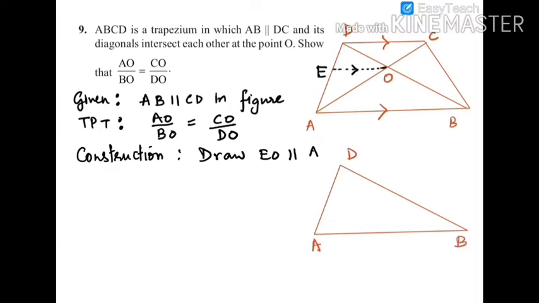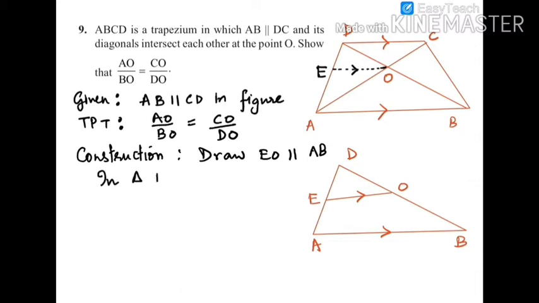So in triangle DAB, we have EO parallel to AB. So we can apply the basic proportionality theorem saying that EO cuts DA and DB in equal proportion.